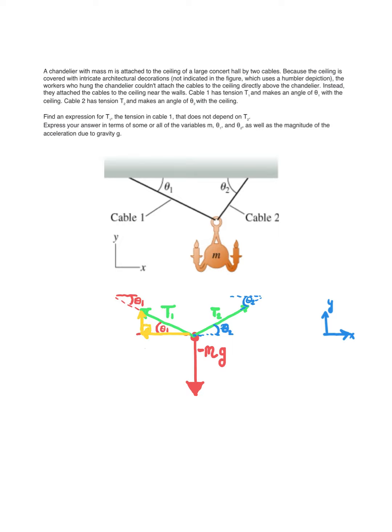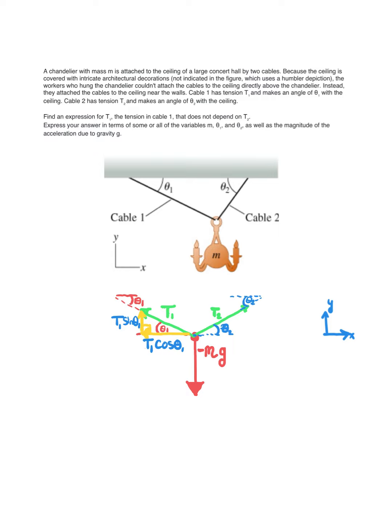So I've drawn a right triangle in order to break T1 up into its components. So the x component is adjacent to the theta 1 angle, so for adjacent, we'll use cosine. So I have T1 cosine of theta 1. And for the opposite side, I'll use sine. So I have T1 sine of theta 1. So I have the x and y components for vector T1.